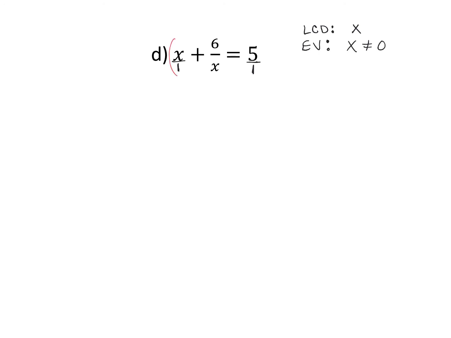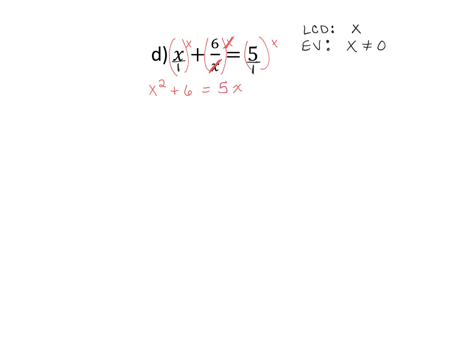So if I multiply everything by x, then I will get x squared. Here the x's will cancel, so I get plus 6 equals 5x.